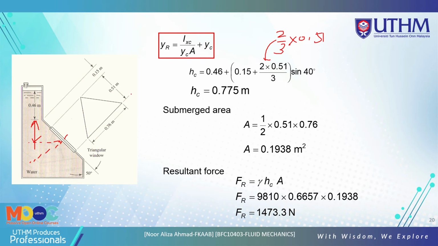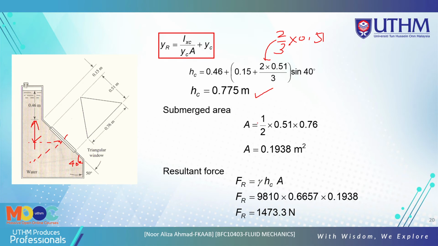So you get this one times the sine 40, because this is 40 and this is 50. So you get the HC 0.775 meter.